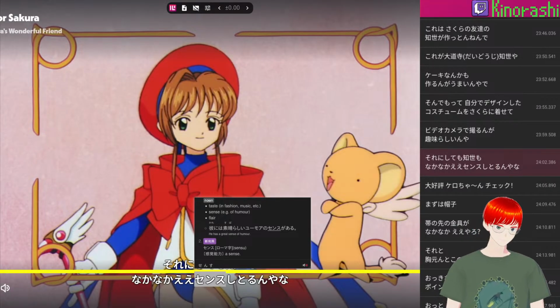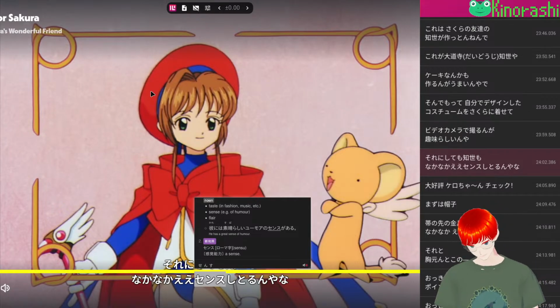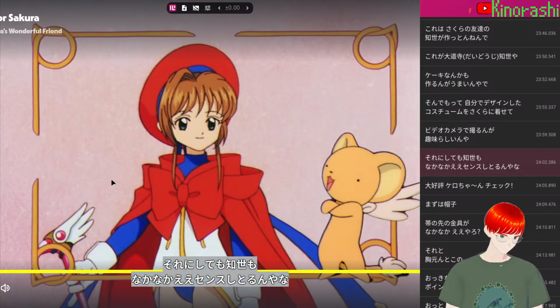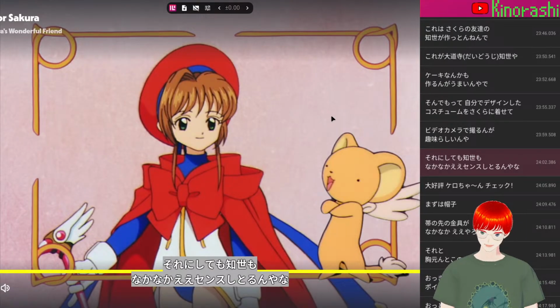Oh, it's not actually. Sensu and then shitorunya na. Let's see, this is from shiteoru. Okay, yeah, shitorun. Shitorunya na. So from doing that. Still, Tomoyo-chan's got some pretty good taste, huh?